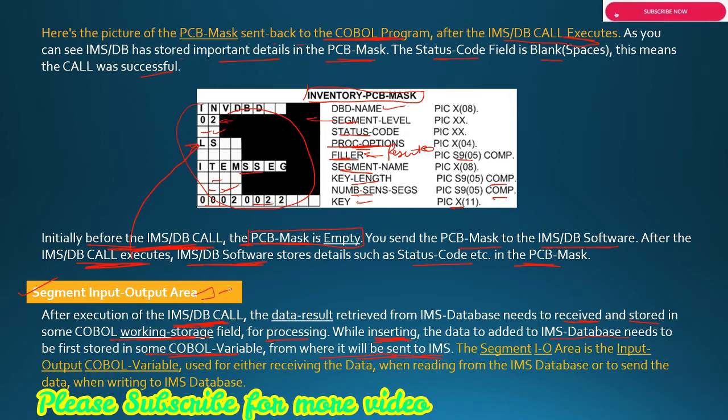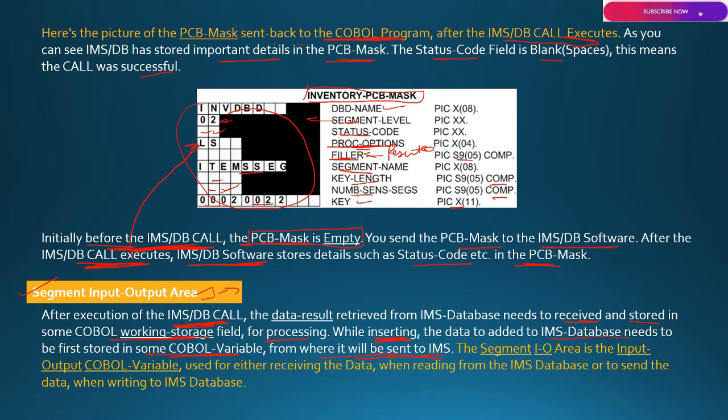This is the copybook in which we store the data that we will insert into the database. The segment input output area is basically the input output COBOL variable used either for receiving data when reading from the IMS database, or for sending data when writing to it.